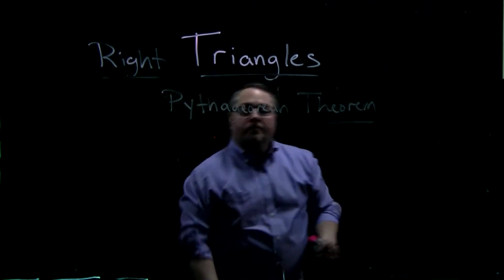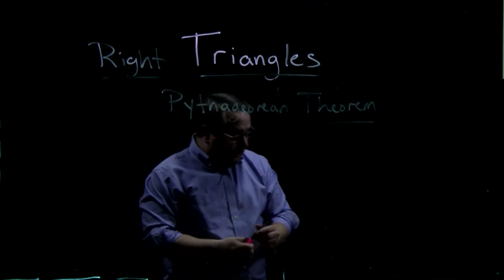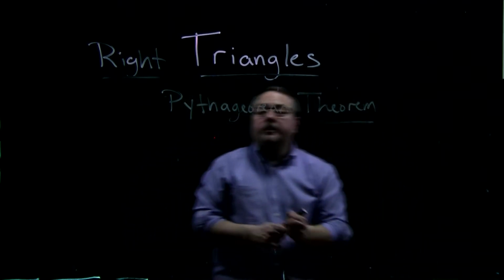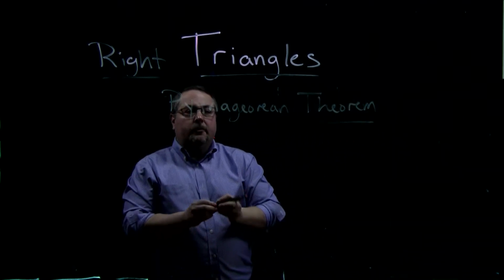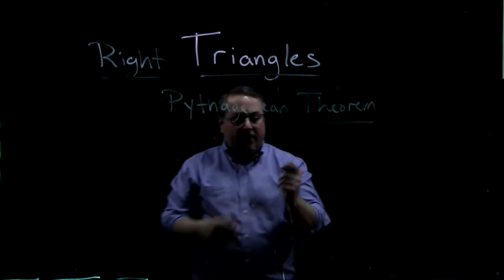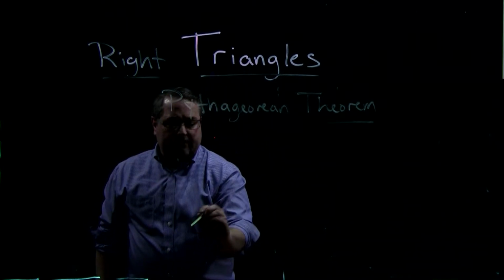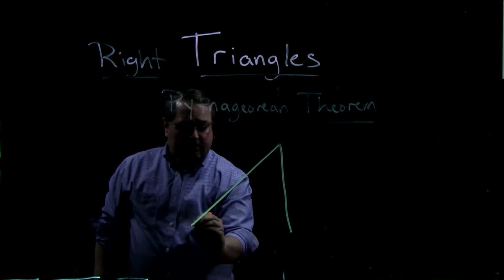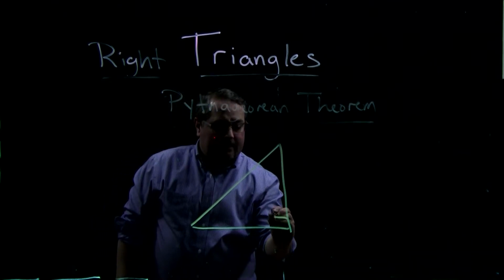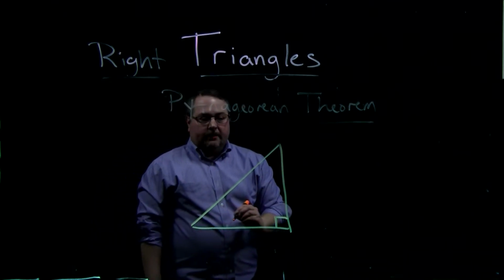The Pythagorean theorem is really just an equation that relates the lengths of the three sides of a right triangle. So we have a right triangle. Again, this is going to be a triangle with a right angle, a 90-degree angle in it.